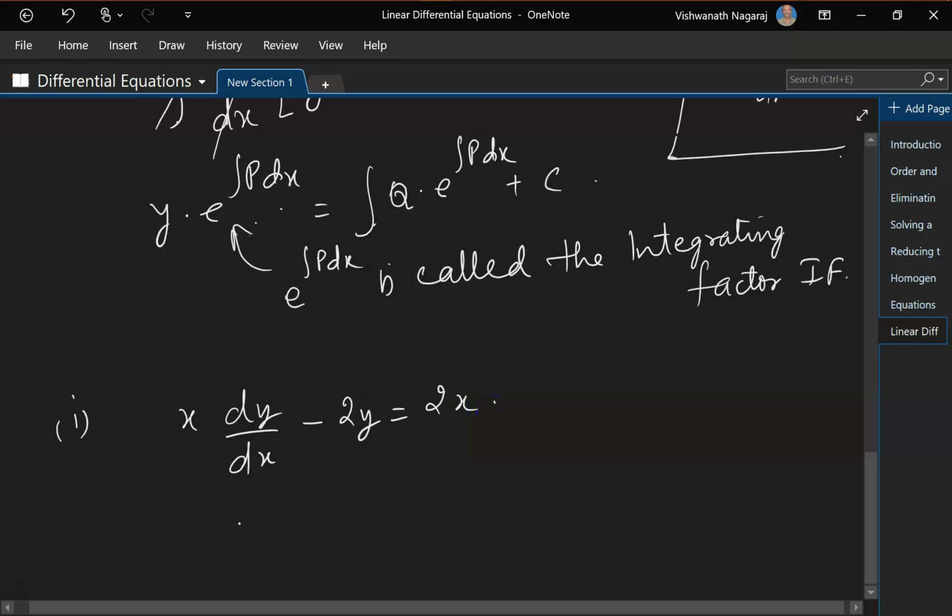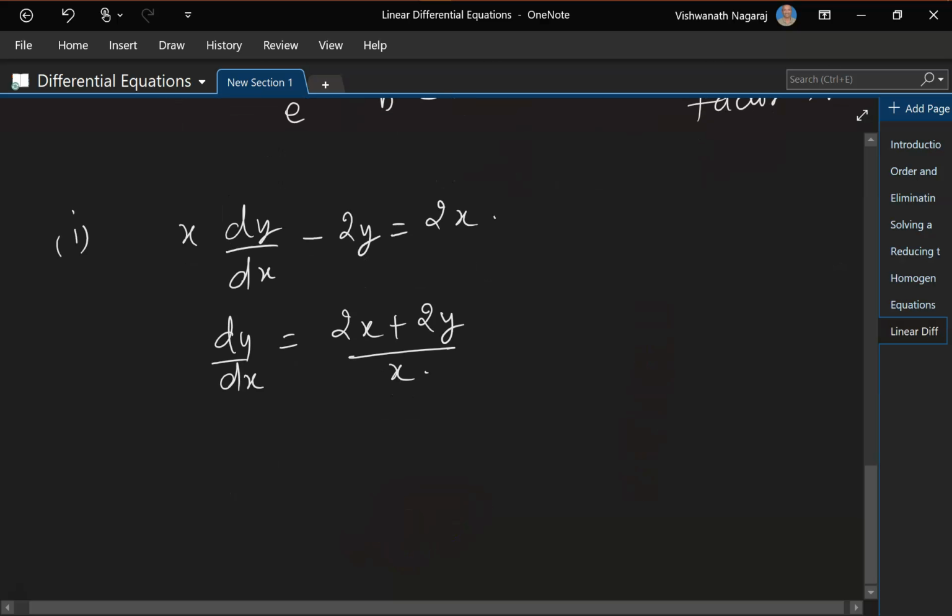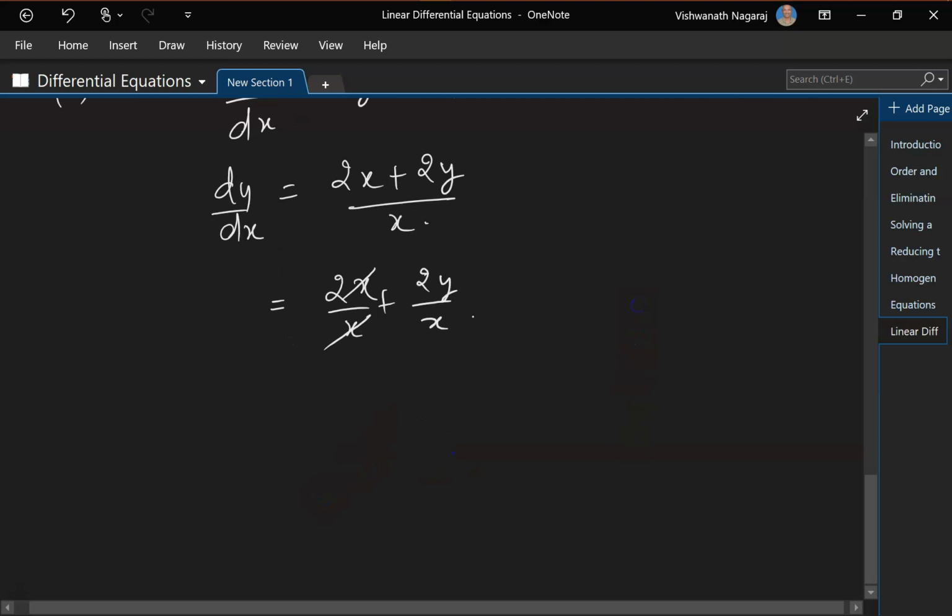Okay, so let's say dy by dx is equal to 2x plus 2y by x, which is equal to 2x by x plus 2y by x. The x gets cancelled.